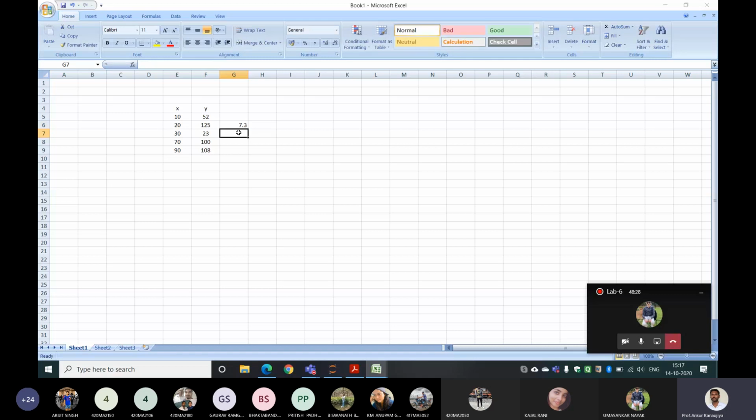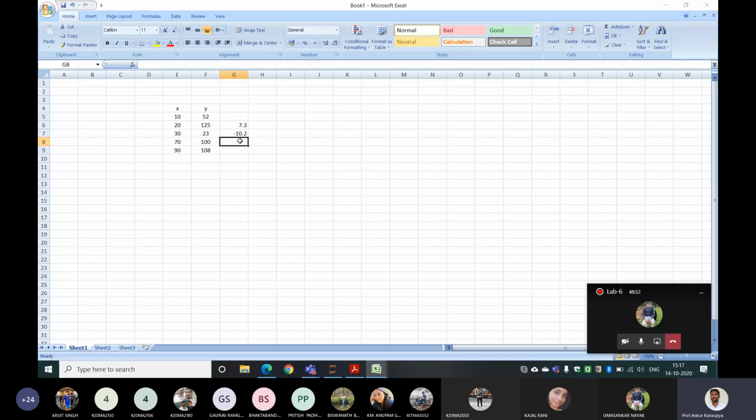Even if you tell a wrong answer, it doesn't matter. Then this entry will be 23 minus 125, divided by 10. Minus 10.2. Even if it is wrong, doesn't matter.